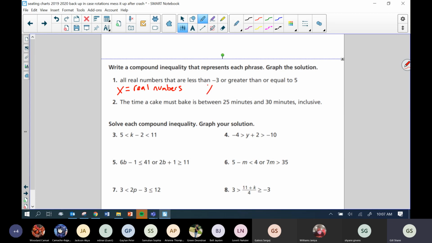These x values need to be less than -3. Well, that's pretty easy. It just has to be less than -3. That's step one. Remember, we talked about that. Step two, again, we write x and we write 5. And then we say they need to be greater than or equal to 5. So that's step 2.